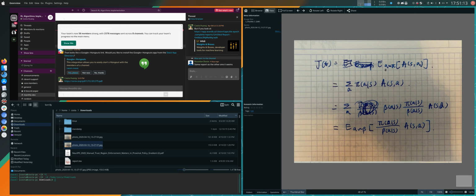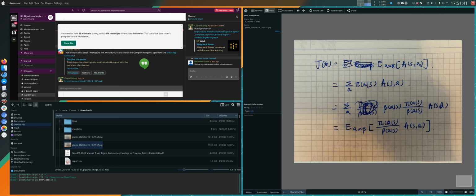Still, you expand the expectation, replace it with the summation of all possible actions times the probability of executing those actions. So in our case, it's pi times the advantage estimator. And then the trick is also to multiply that by 1 over 1. And then you have b, the probability of executing A following the behavior policy.